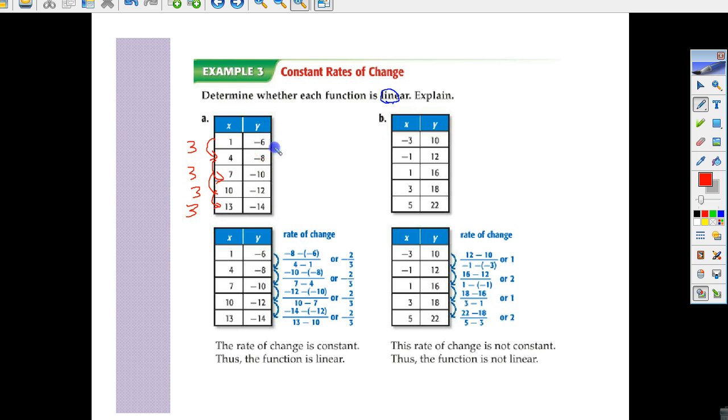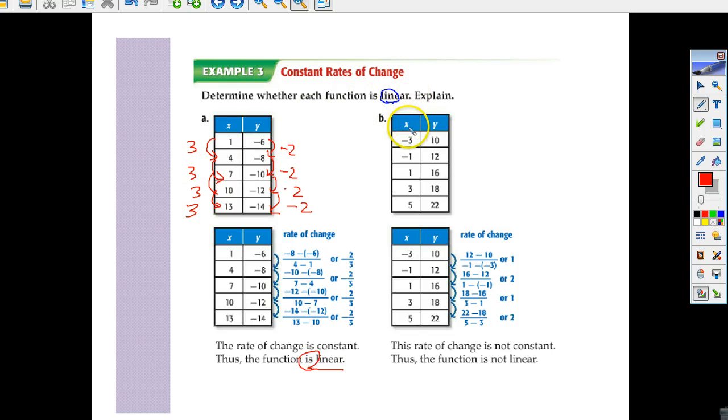What about the y's? From here to here, from -6 to -8, you subtracted 2. From here to here, -2, another -2, and another -2. Okay, so the rates are consistent. So therefore, it is a linear function.